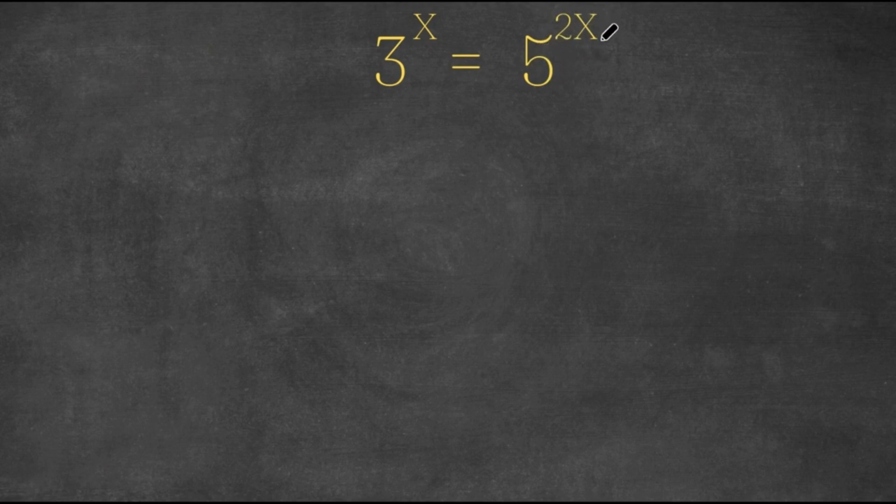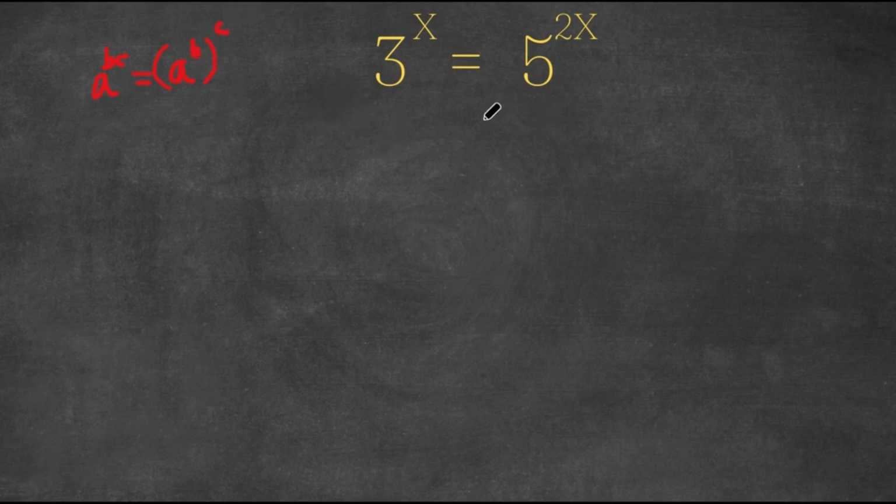We have 5 to the power of 2x. And if you guys didn't already know, an important property of exponents is that if we have a to the power of b times c, this can be written as a to the power of b, to the power of c, and also vice versa. It could also be written as a to the power of c, to the power of b.